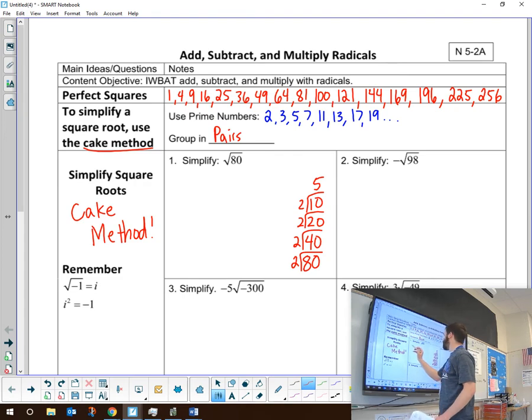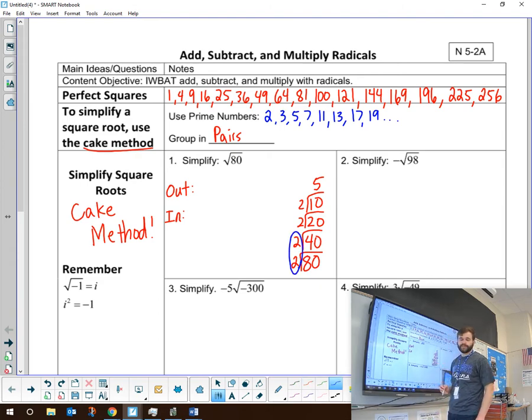We're going to write the numbers that go on the outside and the numbers that stay on the inside. Now, to bring a number out, we have to have 2 of that number. So, for instance, I have 2 2's here, so I can bring to the outside 1 2 because we're square rooting it.